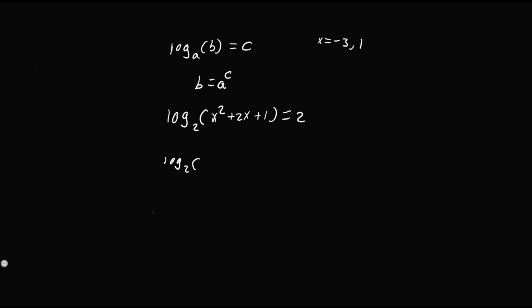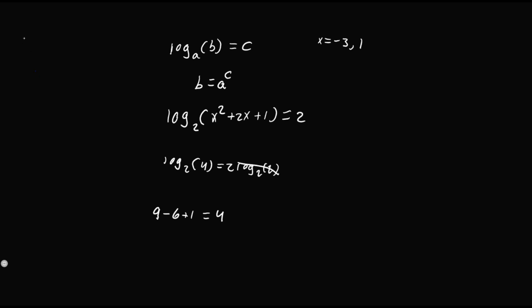We're going to look at -3 first. So we have -3 squared is just +9, plus 2 times -3, which gives us -6, and we're just going to add 1. This is going to equal 4. So we have log base 2 of 4, which is the same thing as 2, so log base 2 of 2 to the 2, we're just going to cancel out, leaving us with 2, which is indeed our solution.